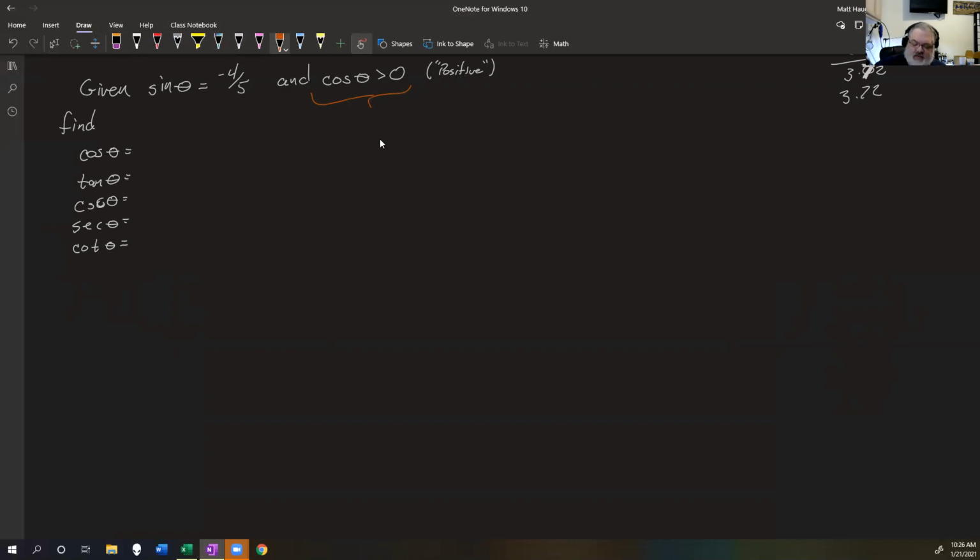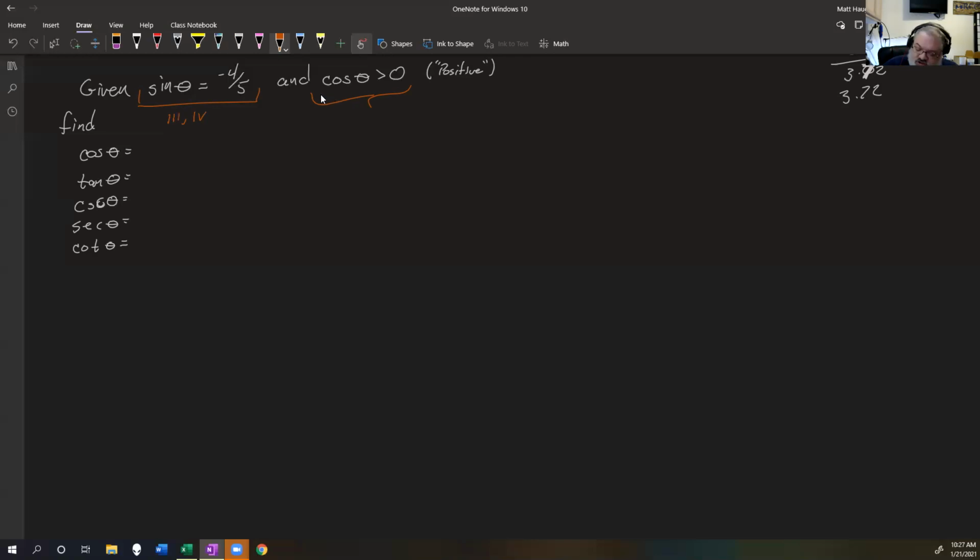Why do we need that? Well, we're told the sine is negative. Sine being negative tells us we are in which possible quadrants? Three or four, because those are the two quadrants where the y values are negative.